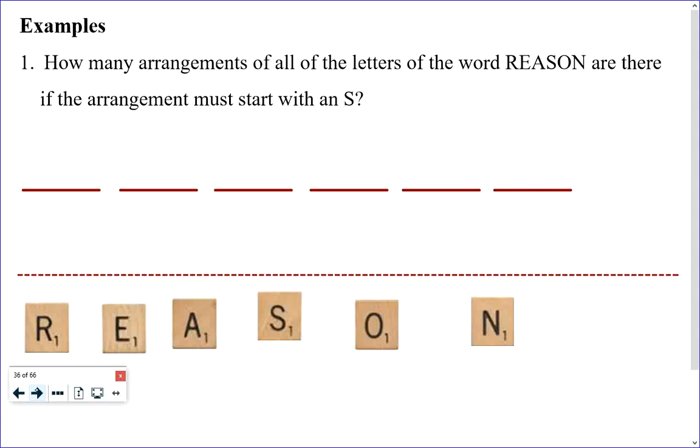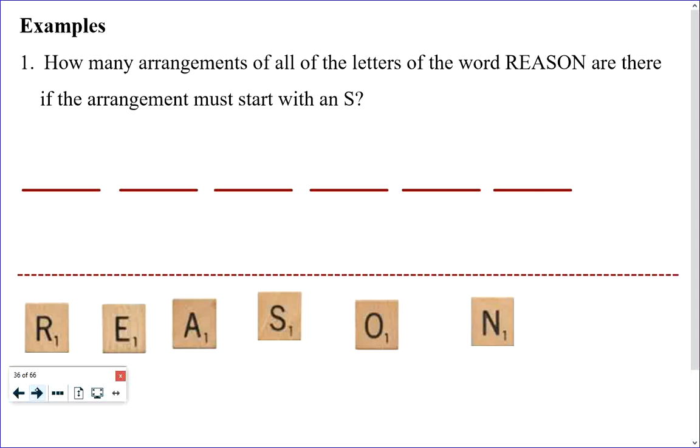So when we arrange letters, and this may be obvious to you, but later on it might not be, when you arrange letters, you can't use the same item more than once. I can't put S, S, S, S, S, S. I can't do that. Okay. So we have decisions to make. Unlike Bobby Bear, who had 2 decisions, or Josh, I think, who was renting a vehicle, who had 3 decisions, we have 6 decisions.